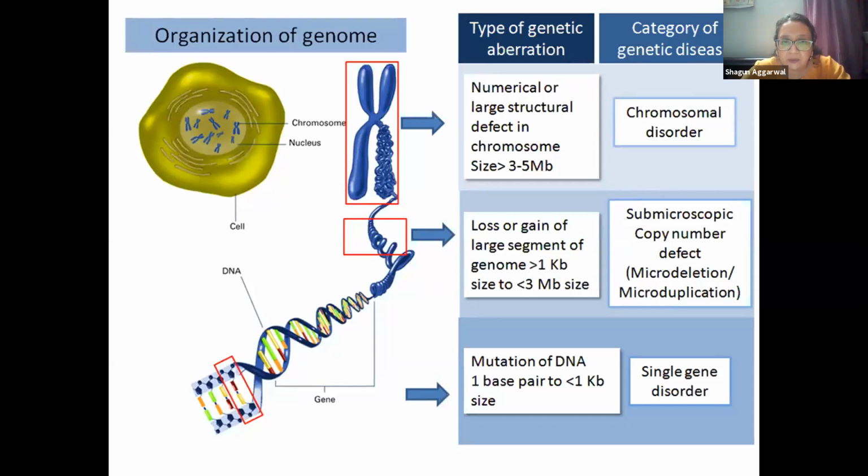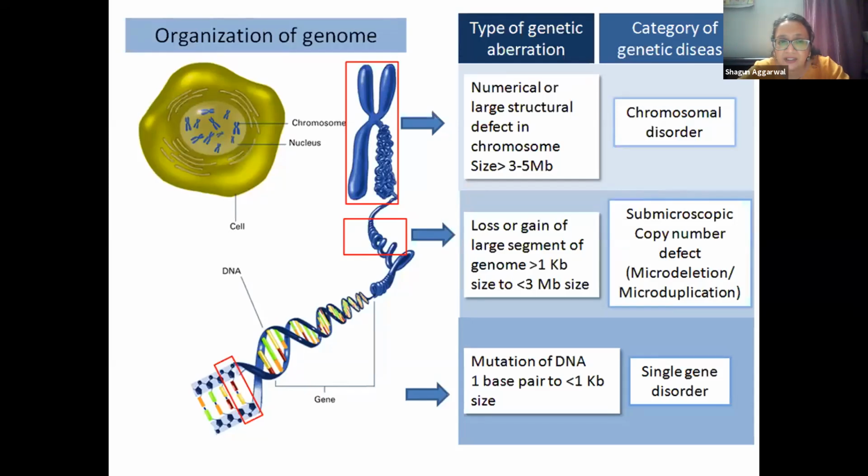Then we have the second group of genetic conditions. These are the microdeletion syndromes, or even the corresponding microduplication syndromes, where there are very small losses or gains in the chromosomes which cannot be seen in the karyotype. So in such cases, we would need to do some advanced molecular cytogenetic tests. An example of that being FISH again, and also we have other tests like MLPA, and now we have chromosomal microarray, by which we can detect these very small changes in the chromosomes.